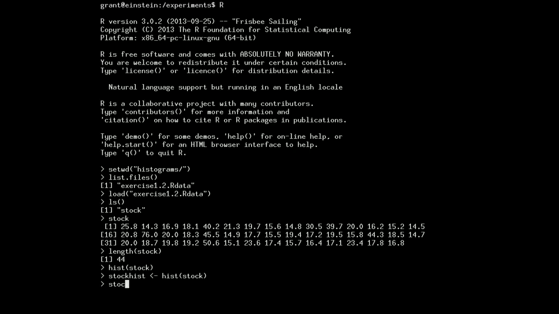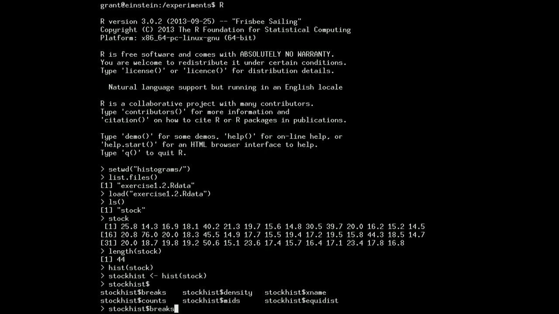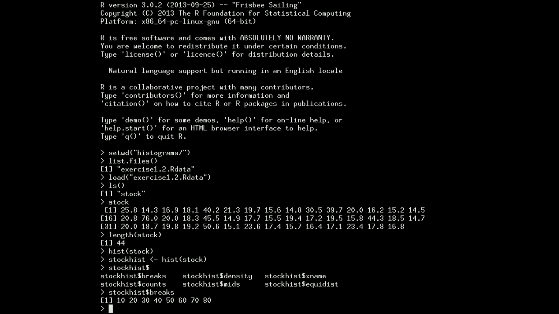If we type stock.hist and then a $, and then hit tab, that will tell us what values we've got inside this data structure. Okay. So it looks like we've got values of breaks, counts, density, mids, xname, and equidist. Let's see what information we've got in each one of these. If we do stock.hist$breaks, then that's going to tell us what our bins were for our data.